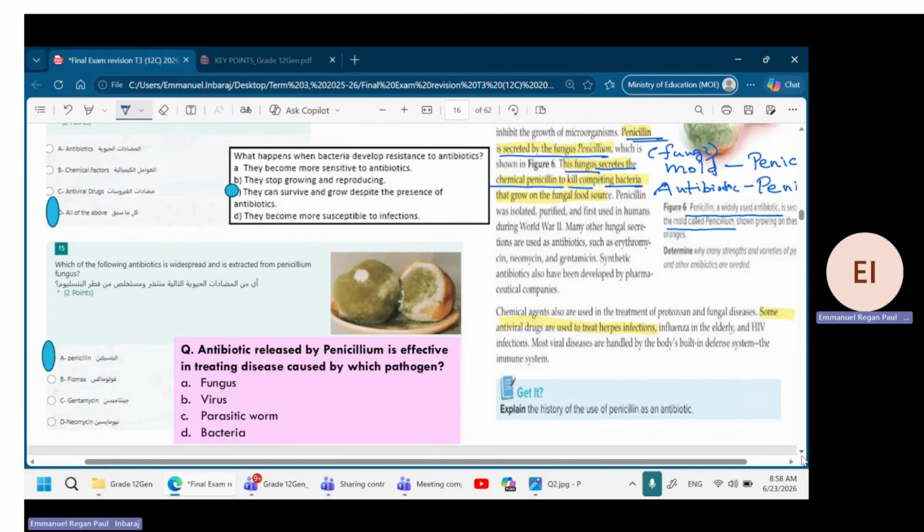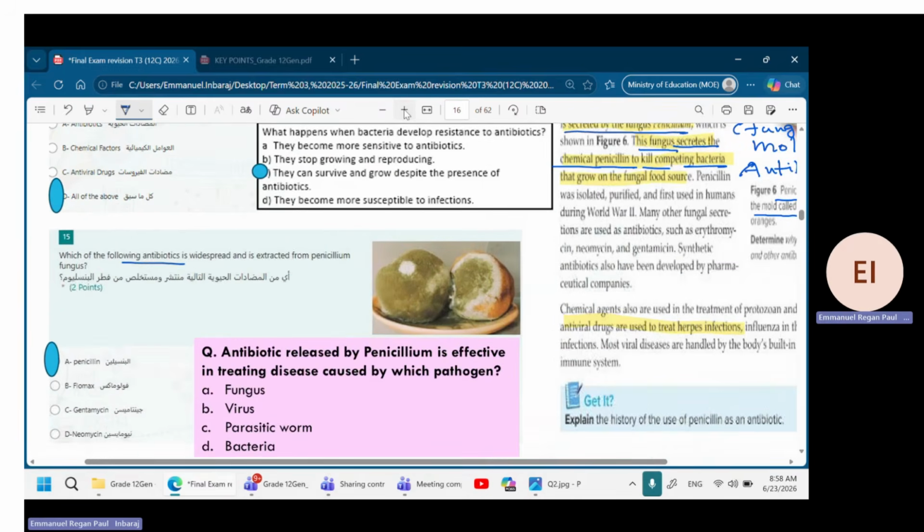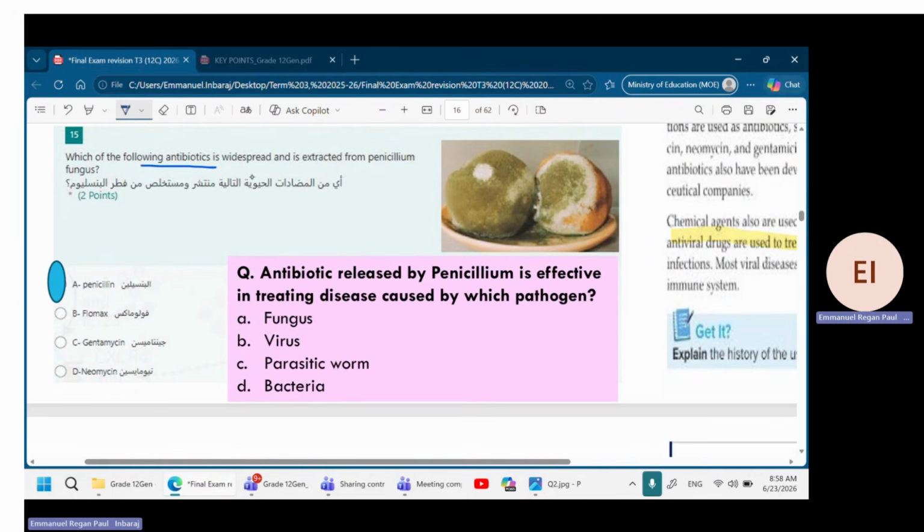One question will be from this. Easy to score. Which of the following antibiotic is widespread and it is extracted from penicillium? So the answer is penicillin.